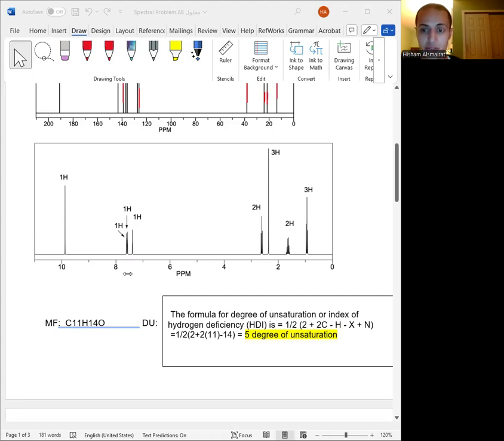Integration is 1H, multiplicity doublet, and interpretation is 1 hydrogen, another aromatic proton ortho-coupled to one neighbor. And lastly, over here at the end, the integration is 1, multiplicity is singlet, interpretation 0 hydrogen. This is the aldehyde proton.